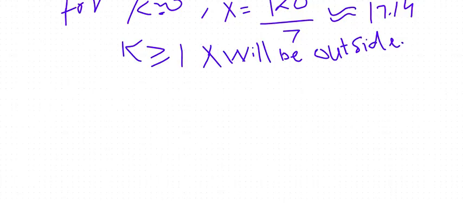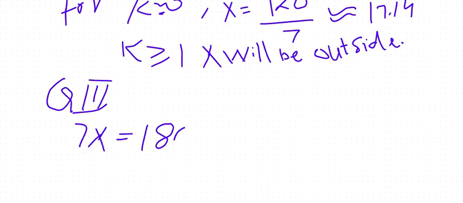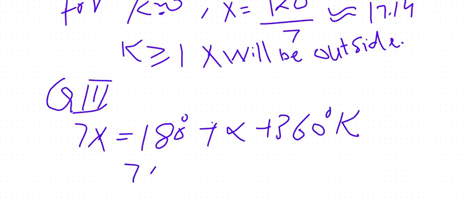So 7x equals 180 degree plus alpha plus 360 degree k. 7x equals 180 degree plus 60 degree plus 360k.